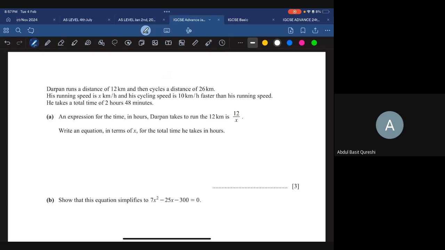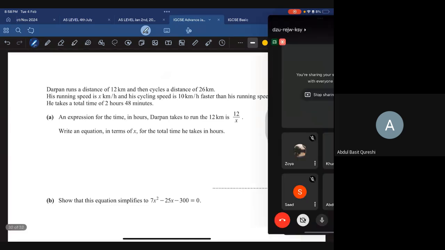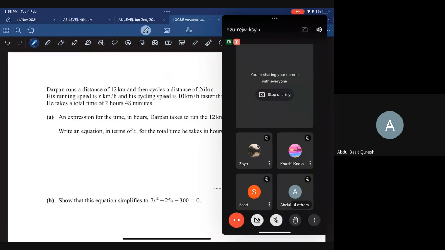I take biology. How many subjects do you have, Basit? 7. You've got English, math, 4 sciences, right? You've got 4 sciences. And just give me a moment. Yes, Basit, you've got 4 sciences.